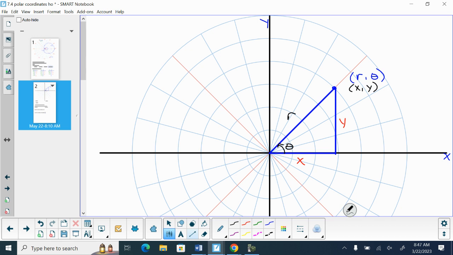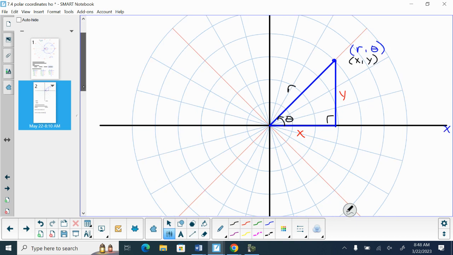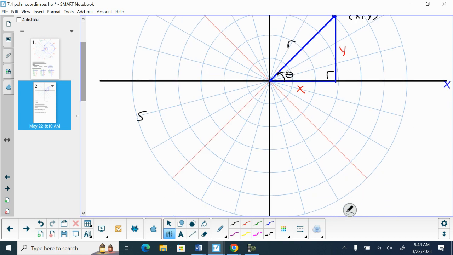Well, what we have now created with the x, y, and the r, and the value of theta is a nice little handy-dandy right triangle. And in that right triangle, we have our trigonometric guardian, SOHCAHTOA.